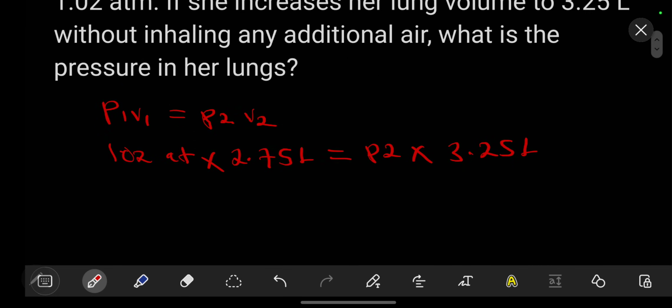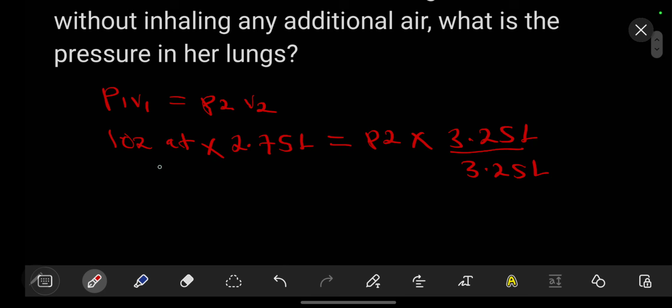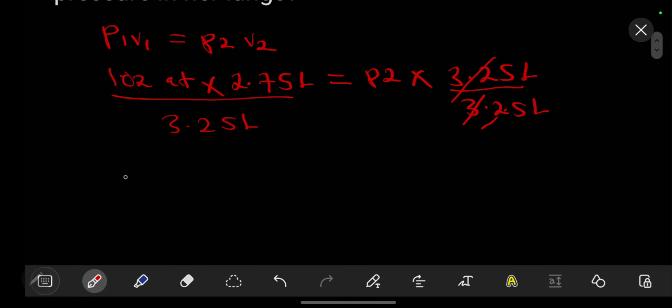So we are going to divide by 3.25 liters. When we divide this, we end up with pressure number 2 equal to 2.805 divided by 3.25.